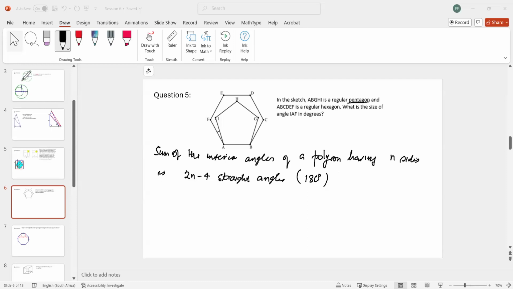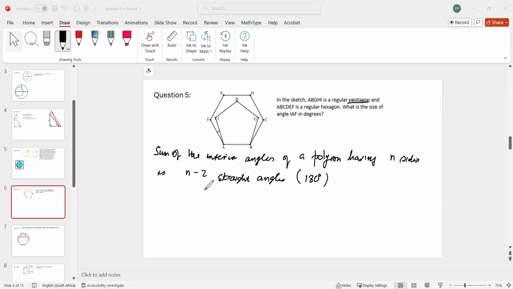Yeah, I got the wrong formula here. It's n minus 2 straight angles. Sorry about that. So there's a nice simple formula: if you know the number of sides, you subtract 2 and multiply by 180 degrees. So for a quadrilateral, 4 minus 2 is 2, 2 times 180 is 360, and we know that is the sum of angles of a quadrilateral.